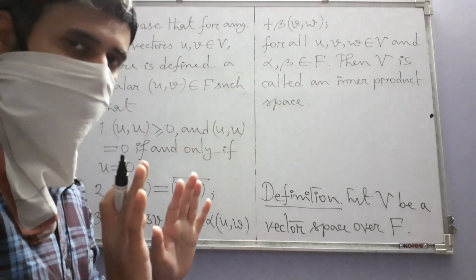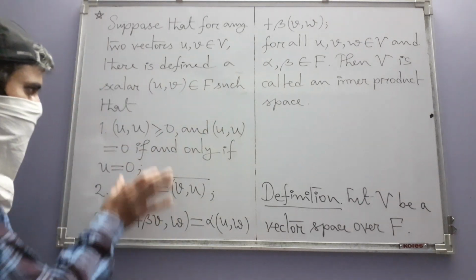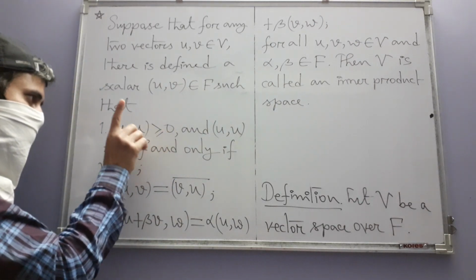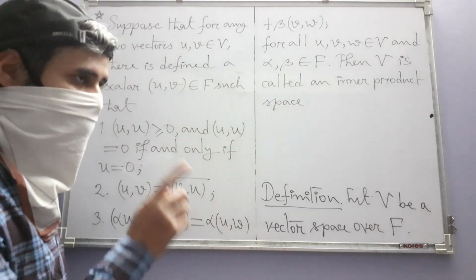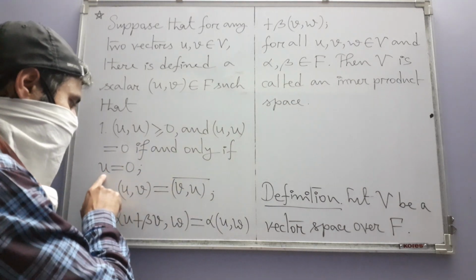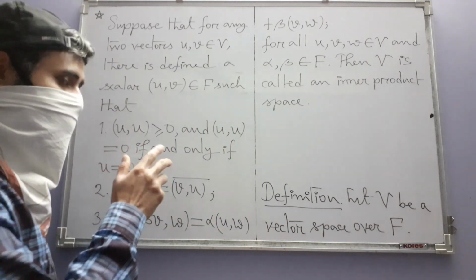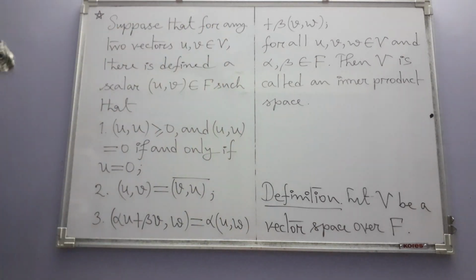In general, it's a complex number, such that this complex number is actually a real number, and that is also non-negative, and it is equal to 0 if and only if our vector u is the 0 vector in our vector space V.